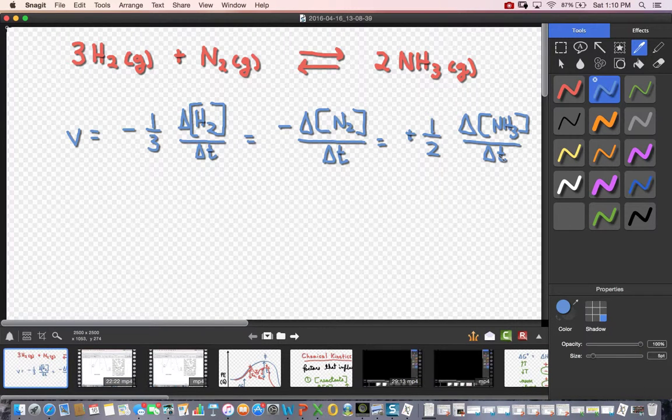So that is our way of accounting for the stoichiometry of this reaction. This is more of a derivative, if you will.